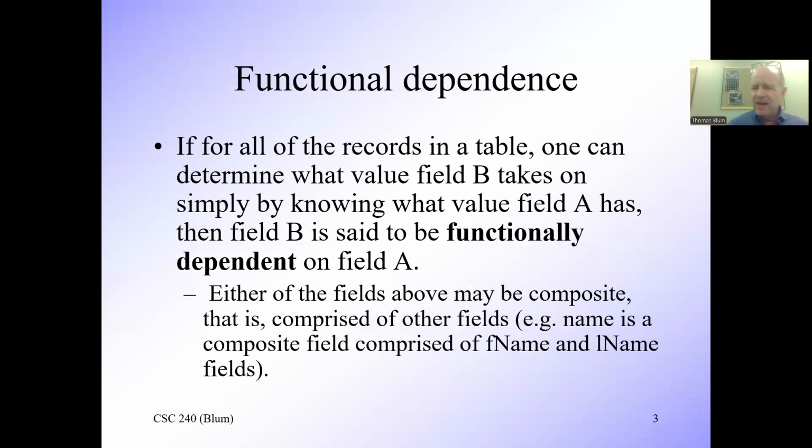So we have a bunch of sample records, and you have to look at your sample data, but also sometimes think a little bit beyond it, to imagine beyond the sample data.